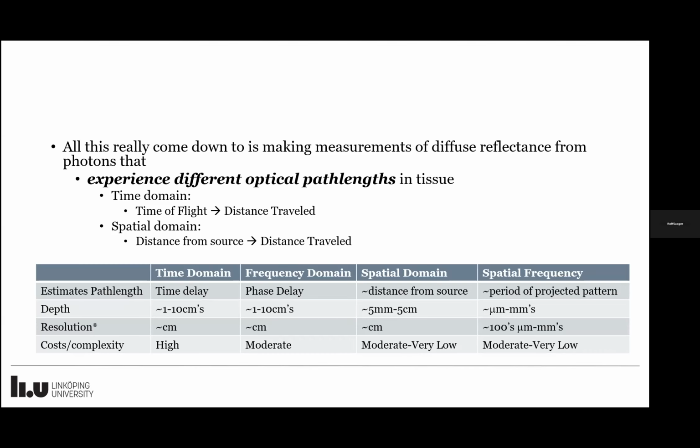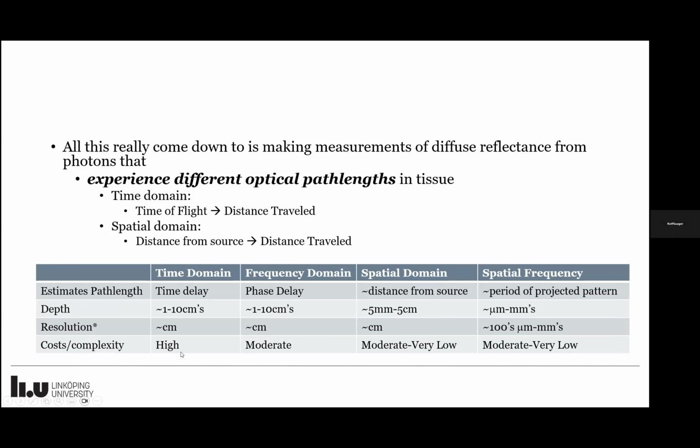And in a general context, we can look at these different domains and see what the advantages and disadvantages are. And this is very high level, very generalized. So I'm sure people may take offense at the oversimplification, but we have time domain techniques.